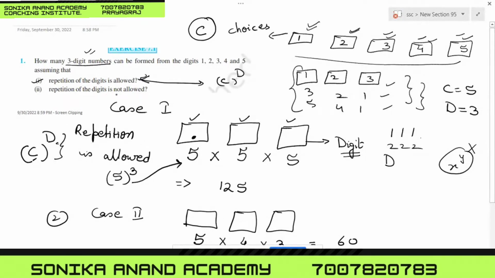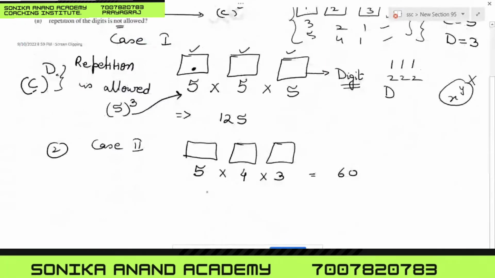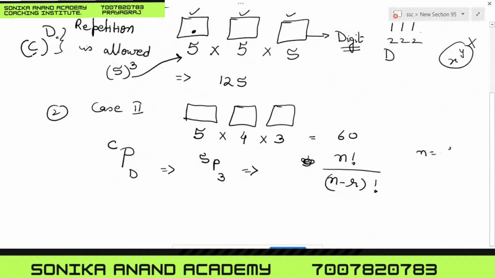But when repetition is not allowed, then you can use the permutation method. Now, how many choices do we have? 5. And a 3-digit number we have to make. So what is the formula? n factorial by n minus r factorial. Now, what is the value of n? 5. What is the value of r? 3.